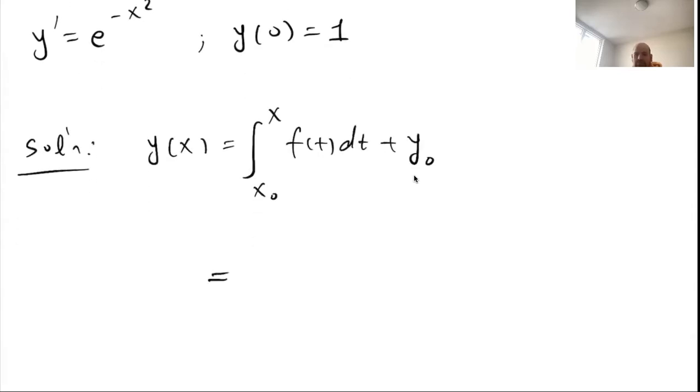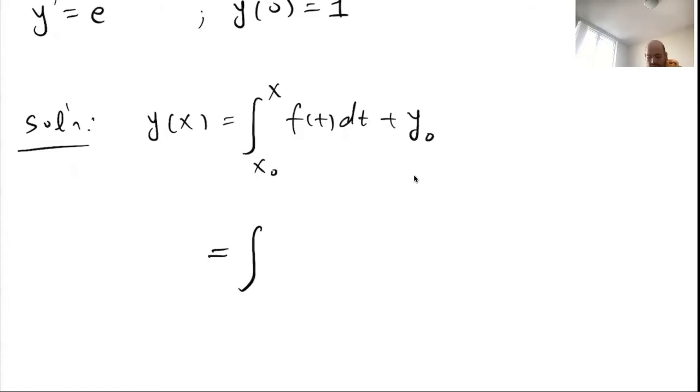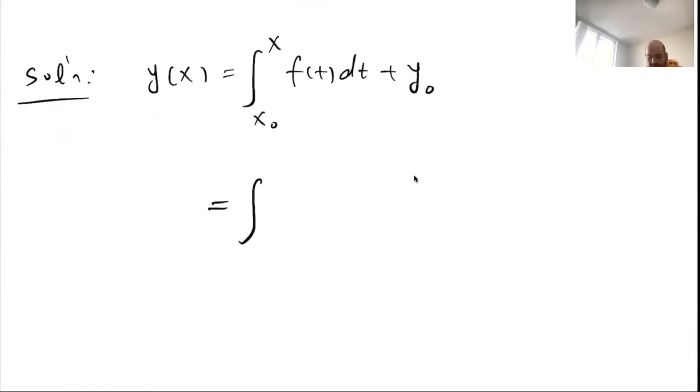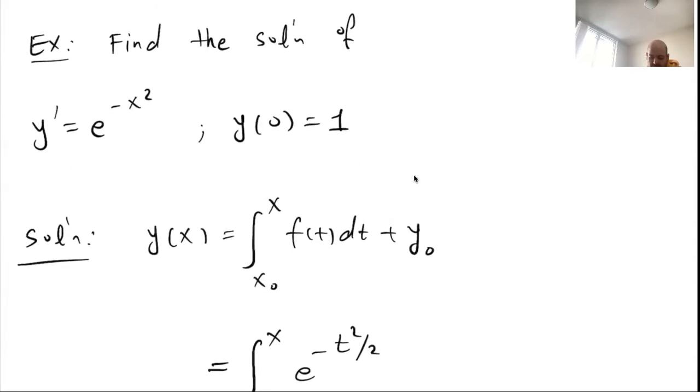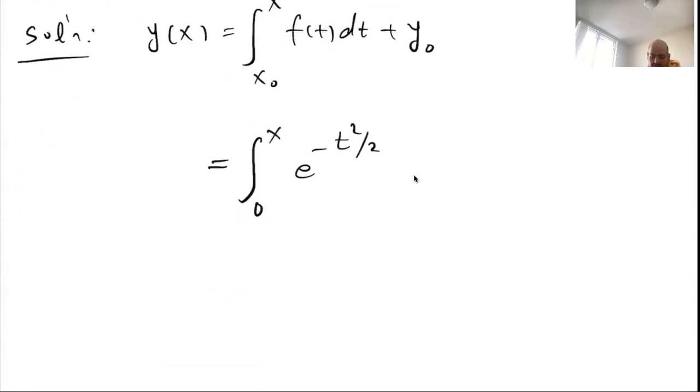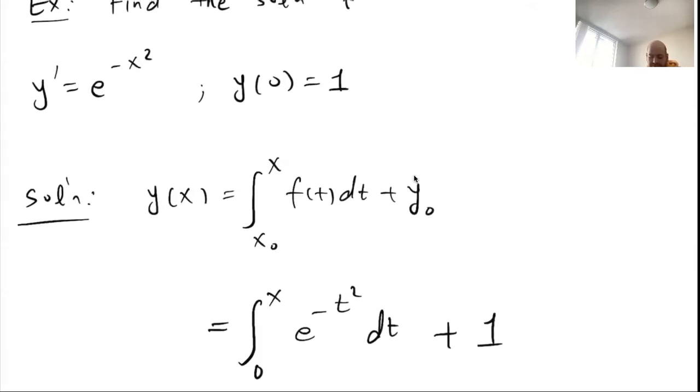And then this is going to be integral 0 to x of e to power minus t squared dt plus y0. y0 is 1.